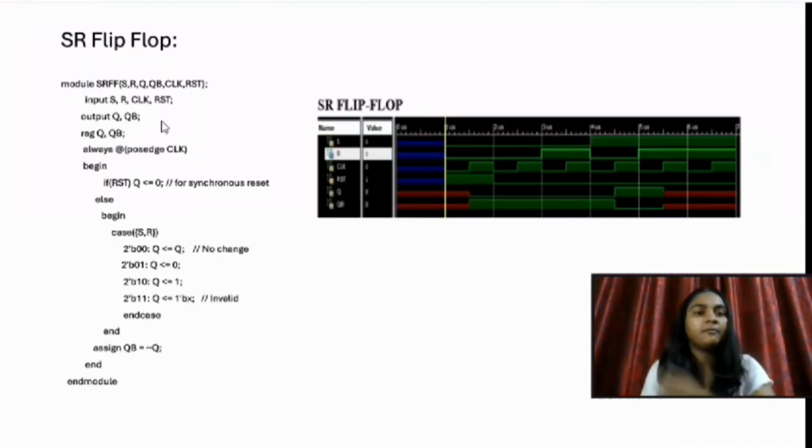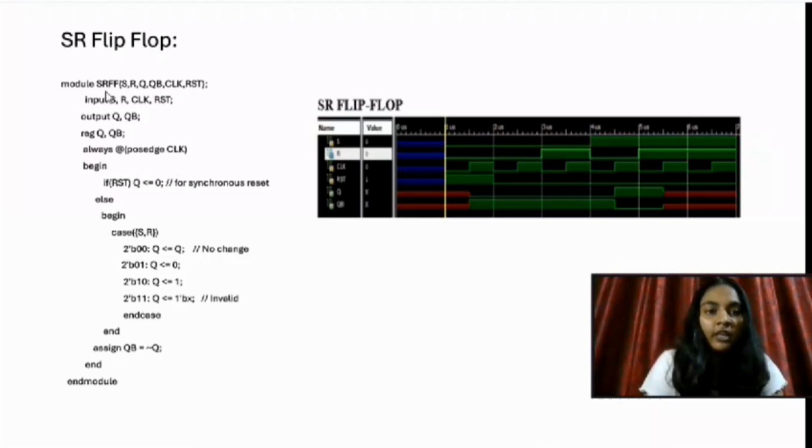We have the SR flip-flop module with inputs and outputs. Inputs S, R, clock and reset. Outputs Q and QB, that is Q bar. Register Q, QB, always at posedge CLK begin. If reset, then Q is less than or equal to 0.